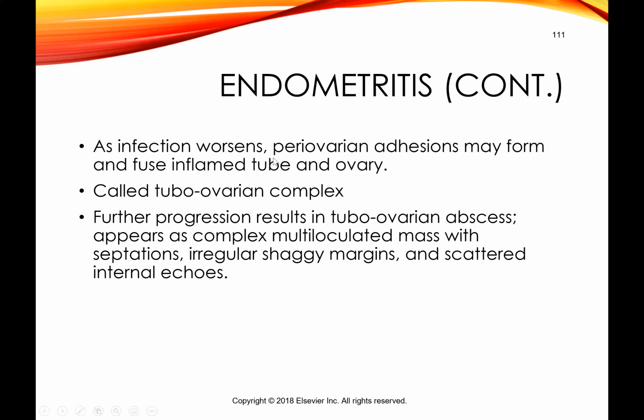Like I said, as the infection worsens from endometritis and spreads throughout the pelvic system, paraovarian adhesions may form and fuse the inflamed tube to the ovary, and this is called a tubo-ovarian complex. If that does not get better, it could be stage 4, which is a tubo-ovarian abscess, and it appears just as a complex multiloculated mass with septations.